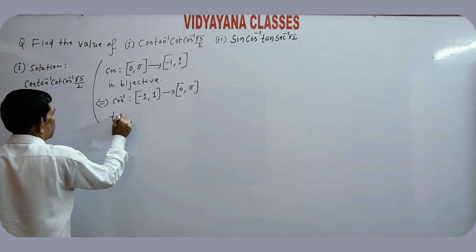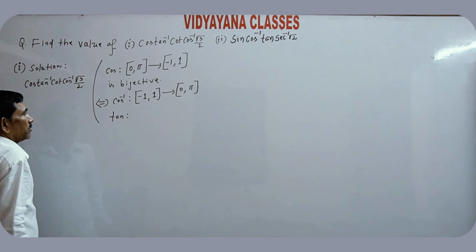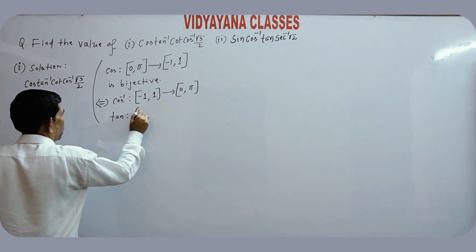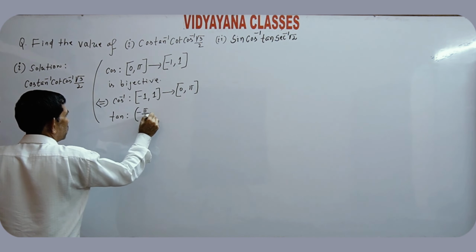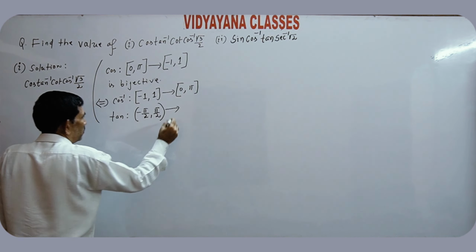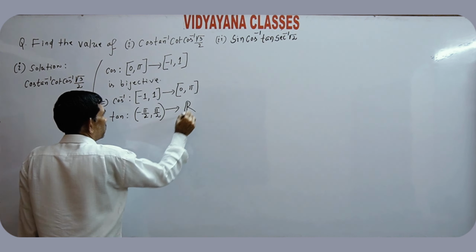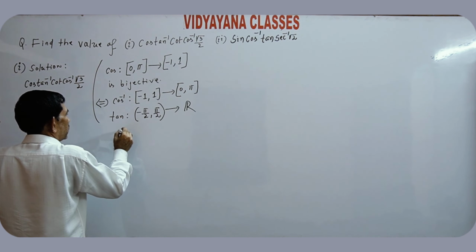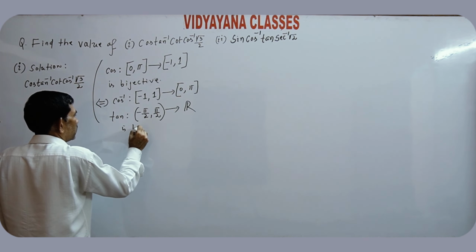Tan from the open interval minus pi by 2 to plus pi by 2 to the set of real numbers is bijective.